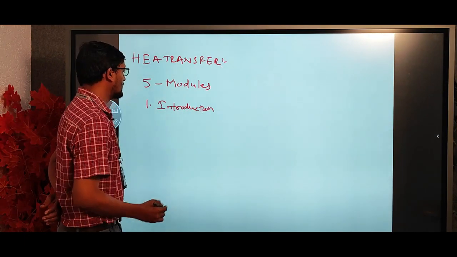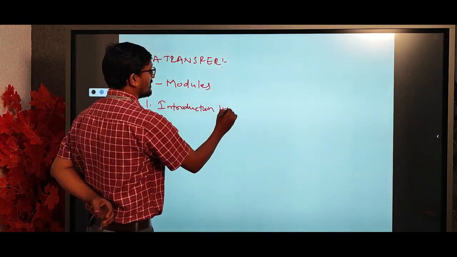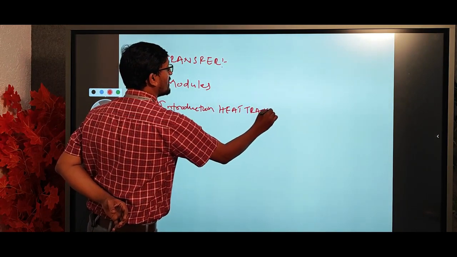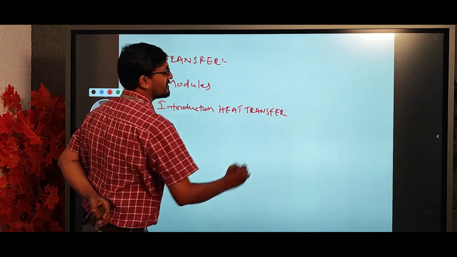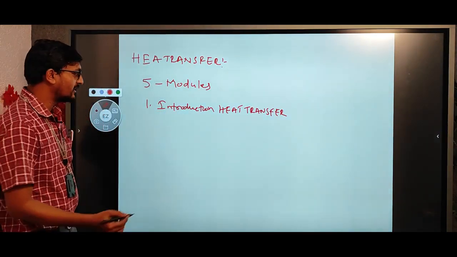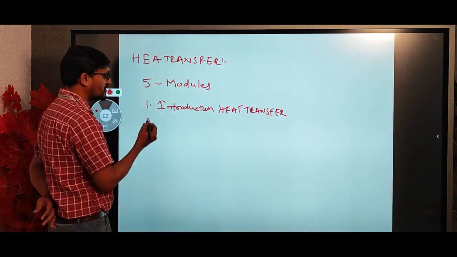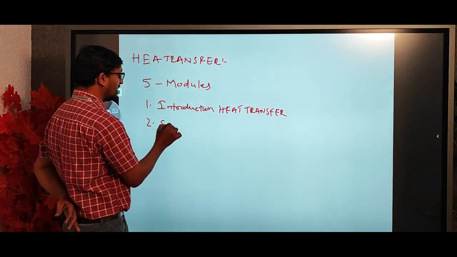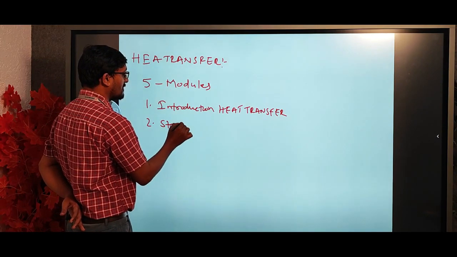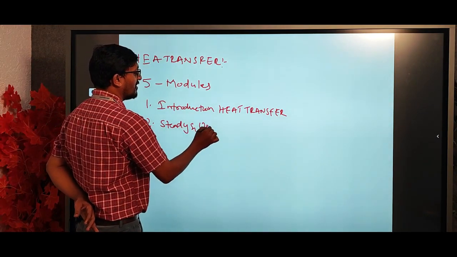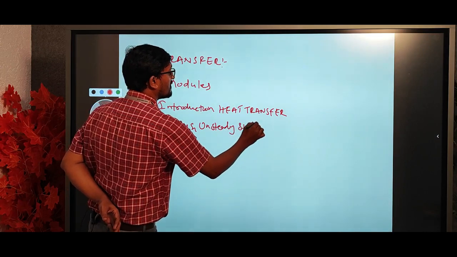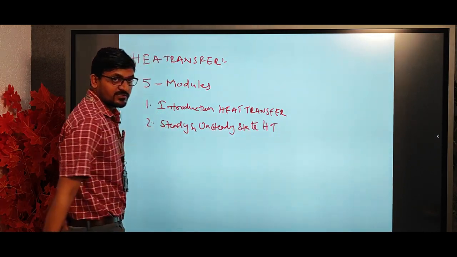In this we will see various types of geometries, in that how the heat is going to transfer from one region to another region. And the next one, in the second module, we are going to see steady state and unsteady state heat transfer.